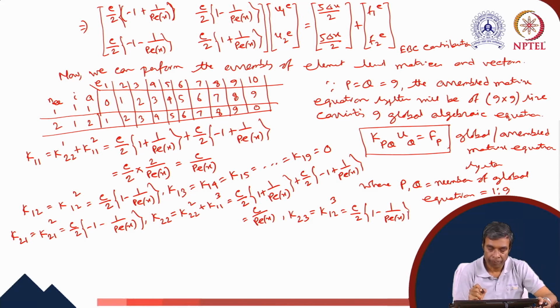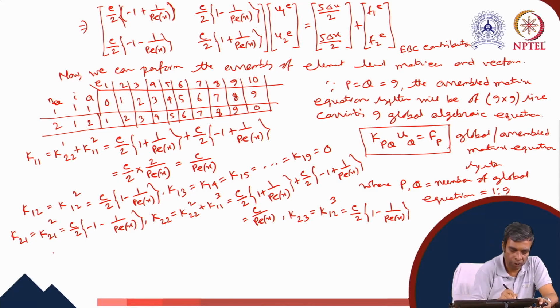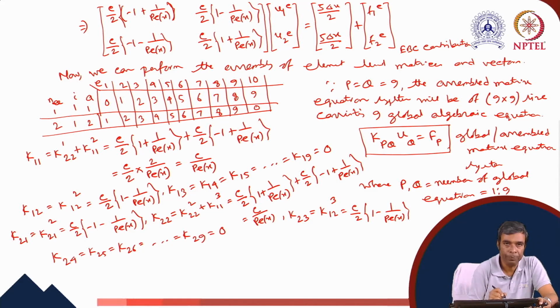Now K24, K25, K26 up to K29, all of them will be 0. So K24 equals K25 equals K26 up to K29, all of them are 0. Now we move to the third row. So we have K31 equals 0. K32 is K213.